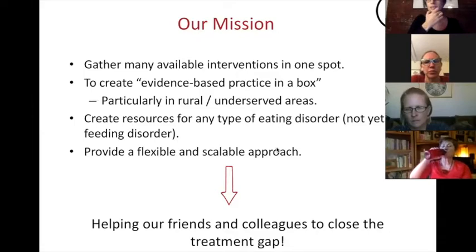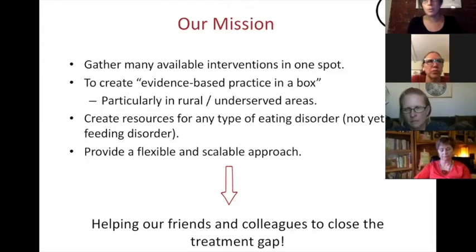And because of this evidence-based practice in a box approach, I've been contacted by people in rural areas of the country and of the world who are particularly interested in IMT. So in a couple of months, hopefully I'll be going to 2 Native American reservations who have reached out and said, we really don't have any resources for people with eating disorders at all, and we think that your approach might be able to be picked up pretty easily.